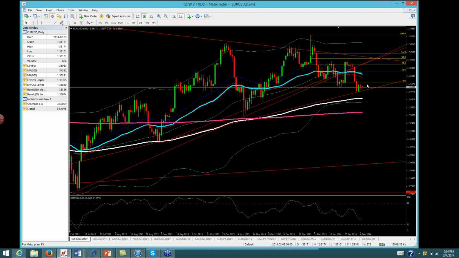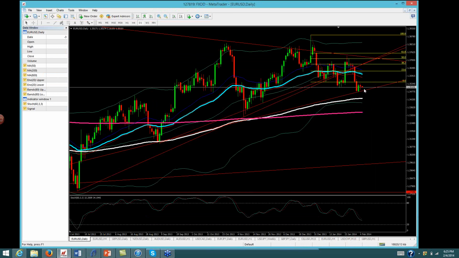Now you can see here that we actually met with some resistance at this zero fib area, and that zero fib area is roughly at the 135.50 area, and we got up to 135.37 there. So look for a buy. We've actually got a buy call on this for the time being.